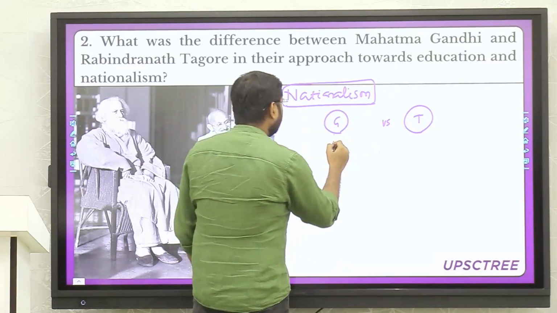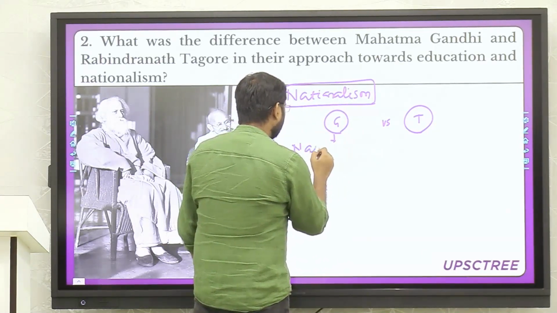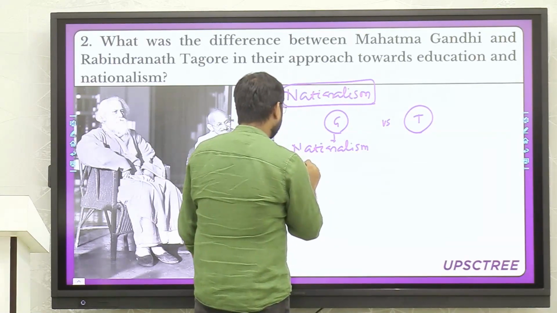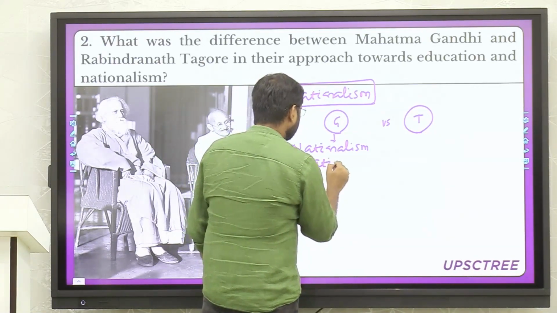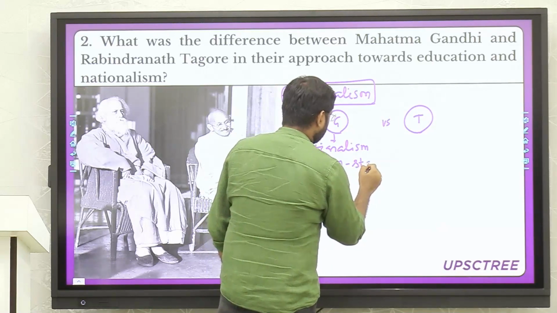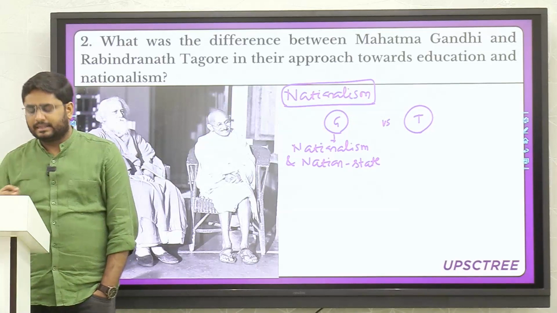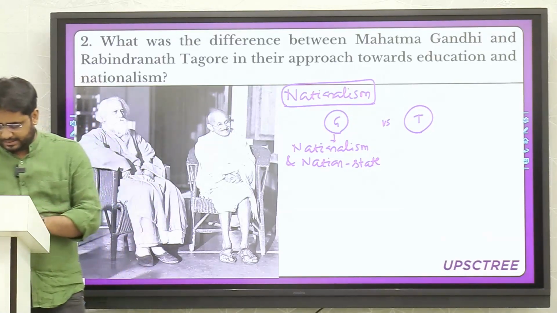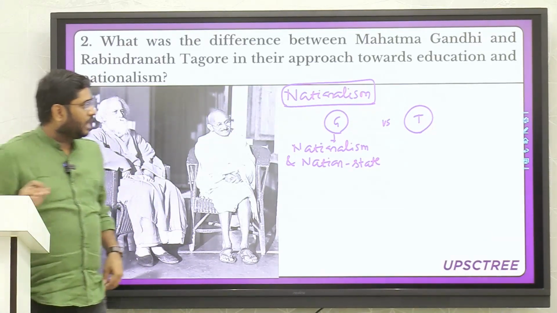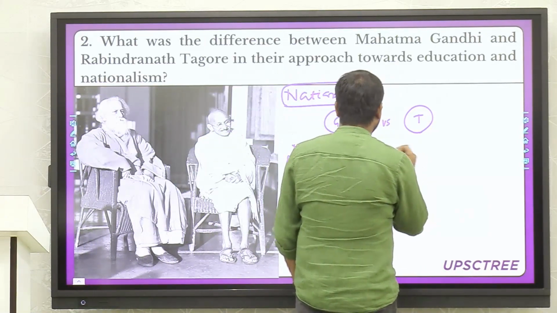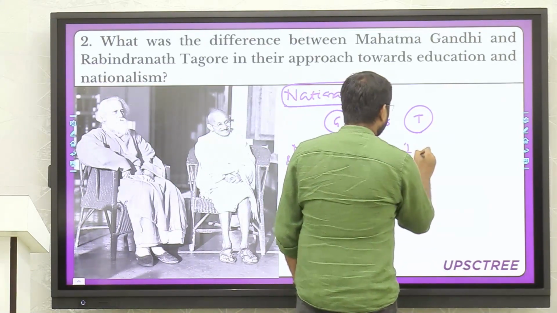Gandhi was all about nationalism and the nation state. Gandhi saw no wrong in nationalism or patriotic ideas. However, Tagore was more of an internationalist.